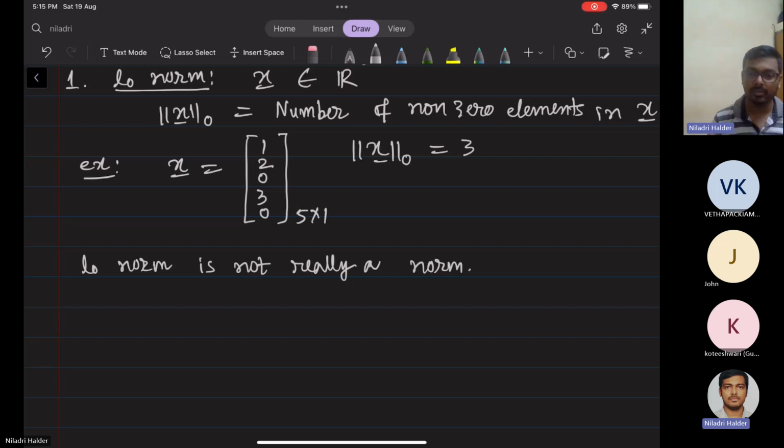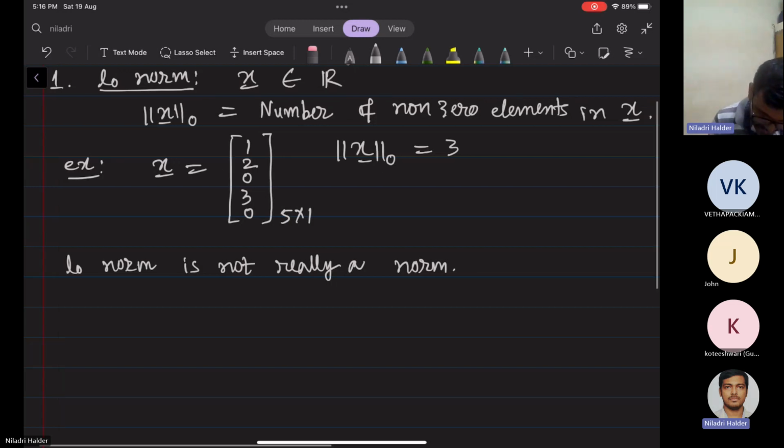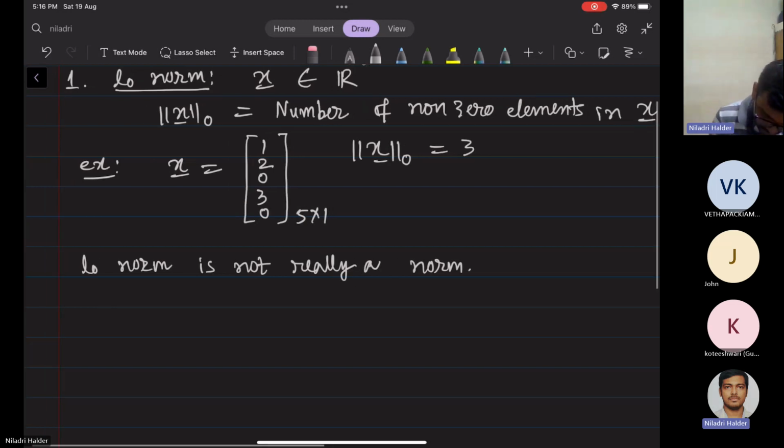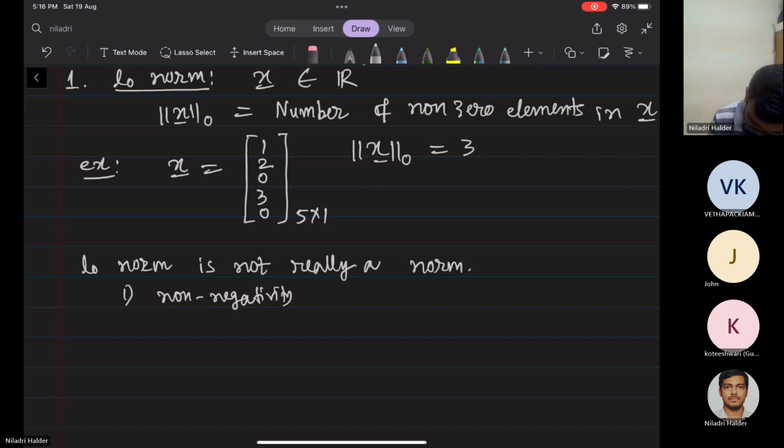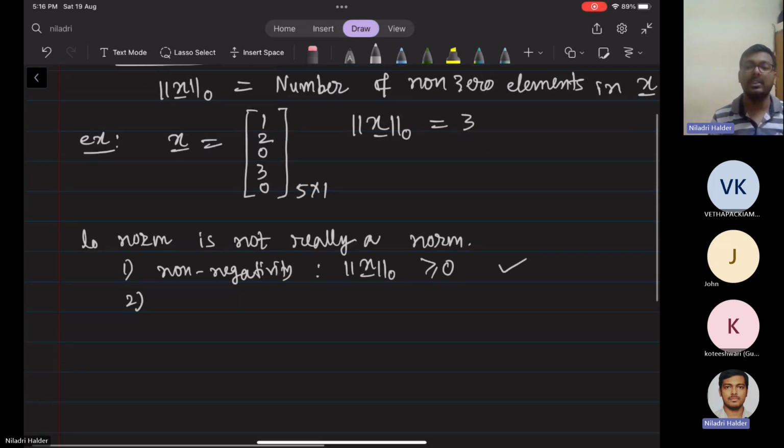The first condition is non-negativity. Here this condition is satisfied. But then the second condition is the homogeneity property.